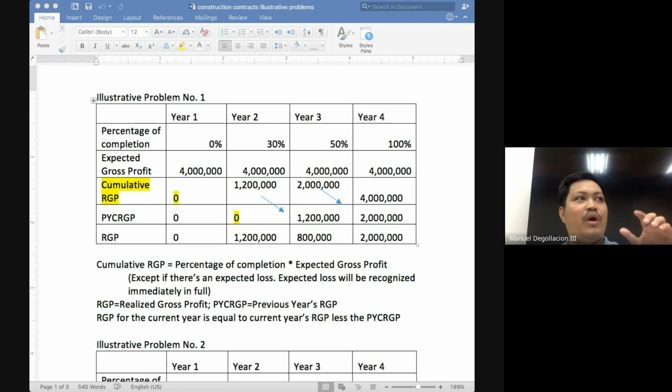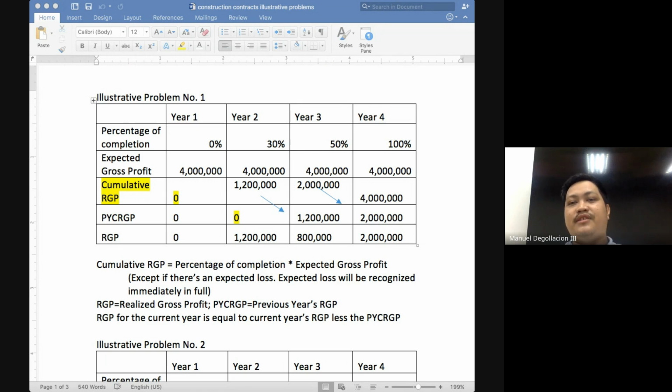Even for year one, I want you to remember the step. What comes out after you multiply the percentage of completion and the expected gross profit? It's not yet the RGP. It is the cumulative gross profit for the year at that point. And to arrive at the RGP, you will have to deduct the previous year's cumulative RGP.